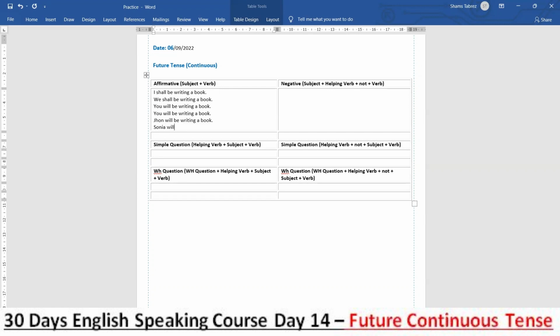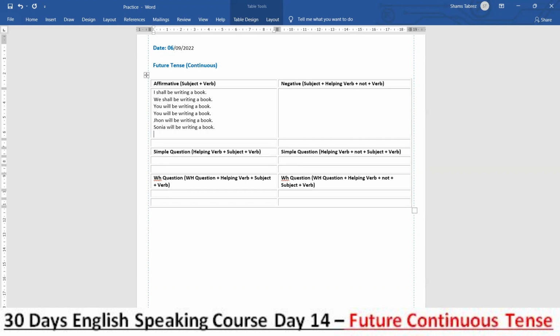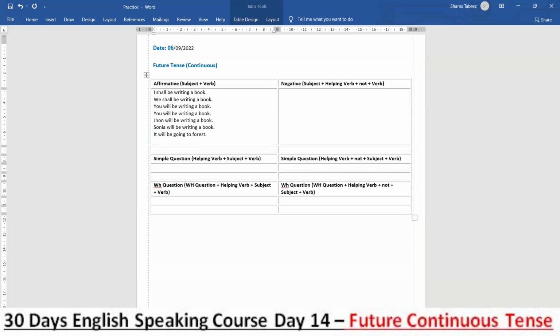Sonia will be writing a book. It will be going to forest. John and Sonia will be writing a book.